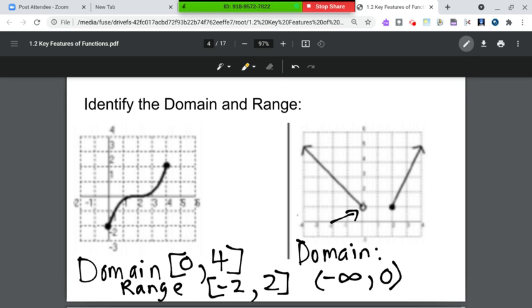That's my stopping point. So from -infinity to 0, and then I'm going to use a symbol that looks like this. Have you ever seen that symbol before? I think so. Okay, it means union. It's when you're joining a set together. So I'm going to say union, and I'm going to pick back up at 2. But do you notice how 2 is a closed circle?